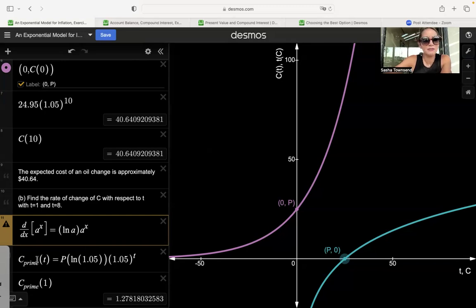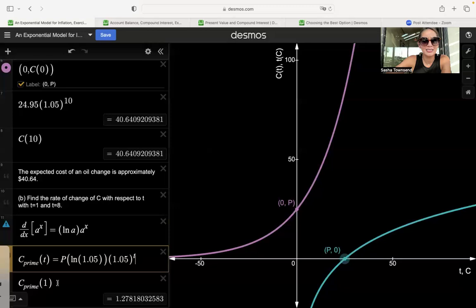So when we take the derivative of c of t equals some constant, p, times 1.05 raised to the t, the only difference between the original function and the new function is that we were multiplying by that natural log of the base. So c prime is just p times natural log of the base, which is 1.05, times the original exponential function.